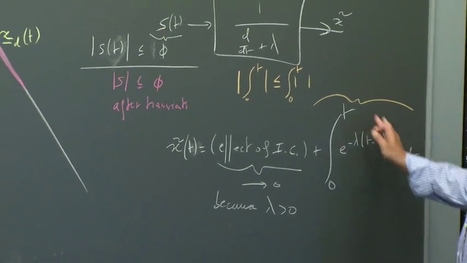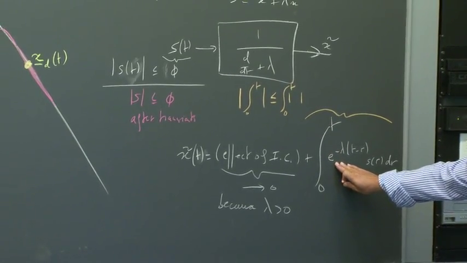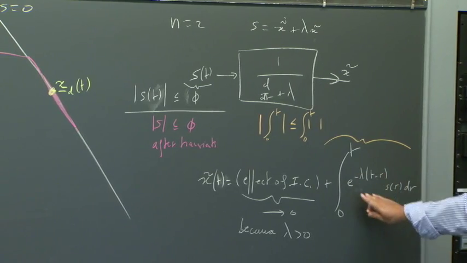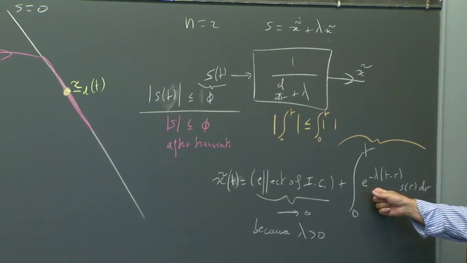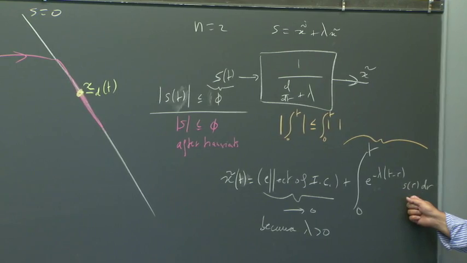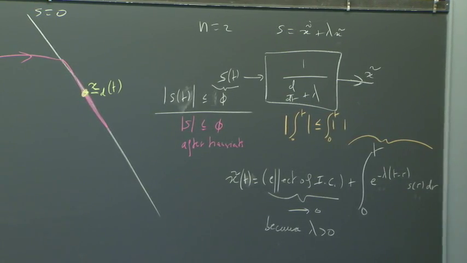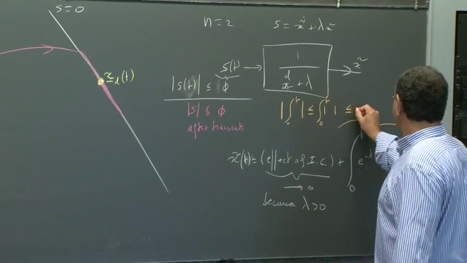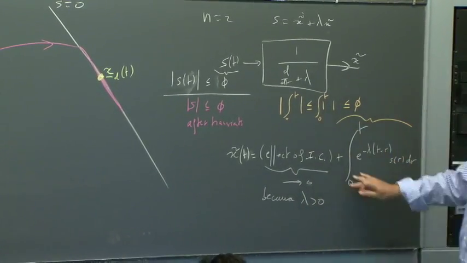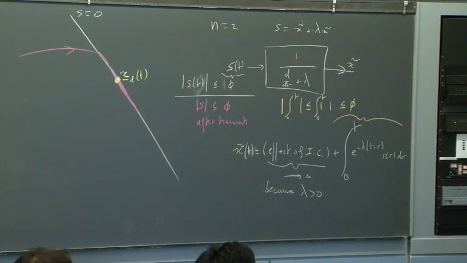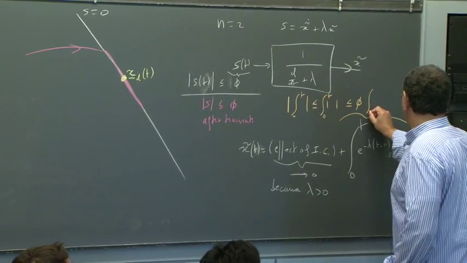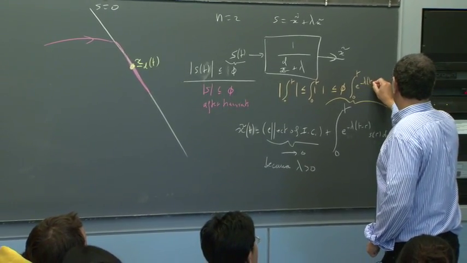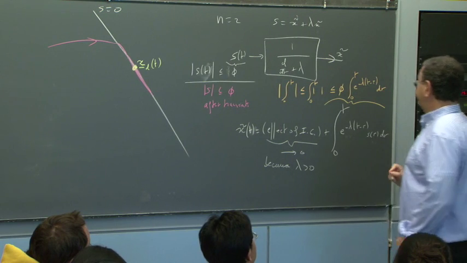Now, inside we have the product of this exponential times s of r. So the absolute value of the product is just the exponential times the absolute value of s. So the absolute value of s is less than phi, so we can get this out of the integral. And we have sum from 0 to t of e to the minus lambda t minus r dr.